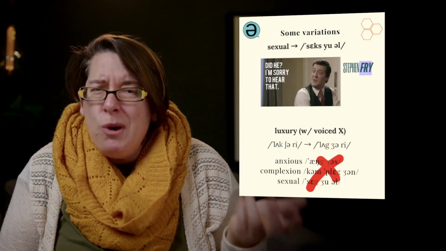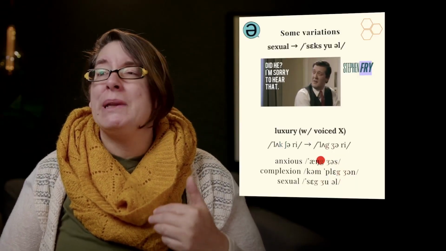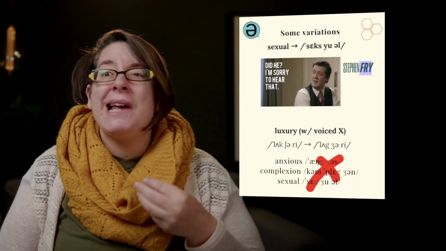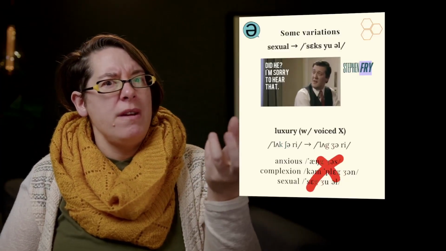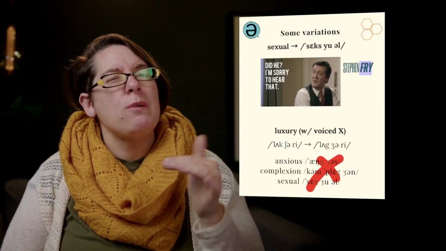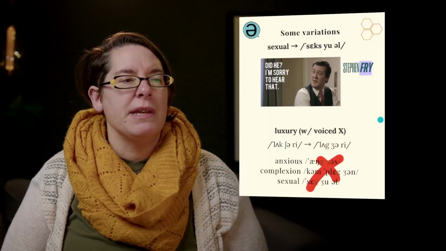We don't voice those. We don't say anxious, we don't say complexion or sexual. We don't say those things. So it's funny how we're doing one and it's totally fine, totally normal, but the other one's not so much. But see if you can hear those variations in some of these.